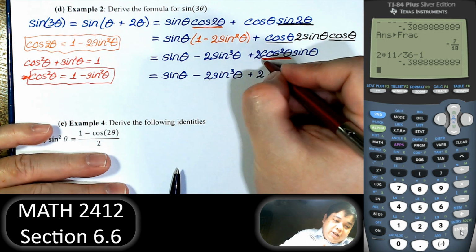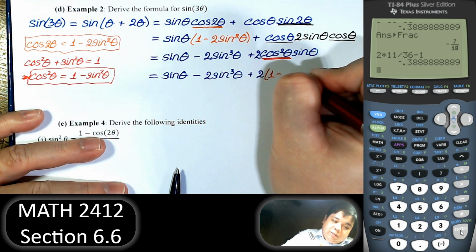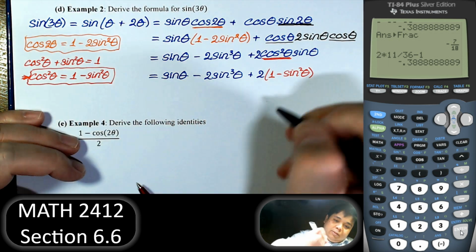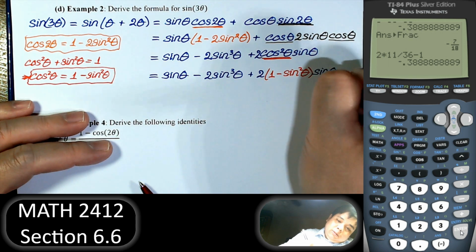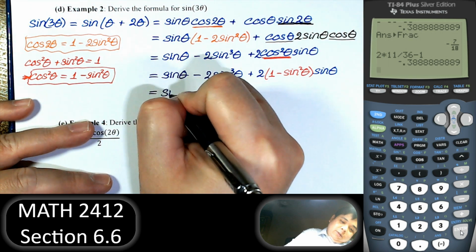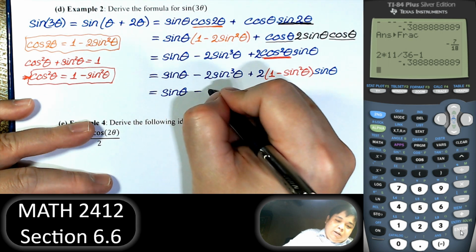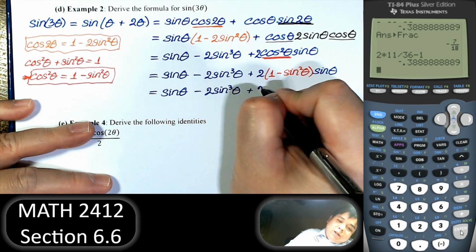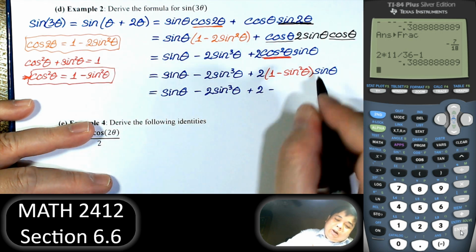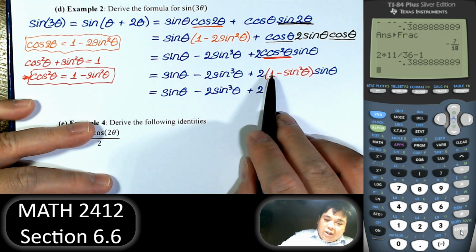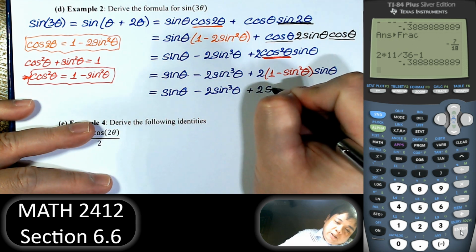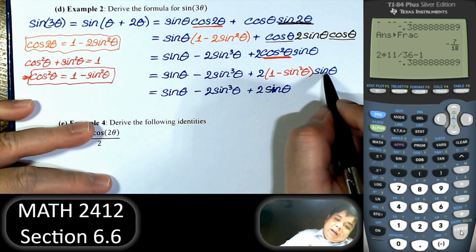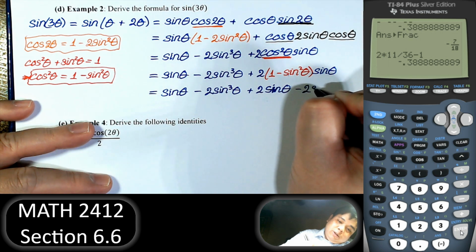We have sine theta minus 2 sine cube plus 2, and 2 sine times 1, so that should be 2 sine. And then 2 sine times that minus 2 sine cube.